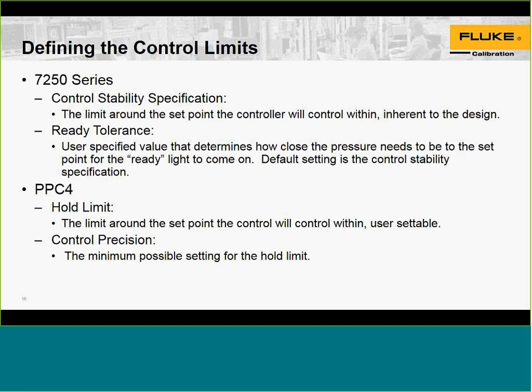The controllability specification is the limit around the set point that it will control within, based on the intrinsic design of the instrument and the way the firmware controls pressure. Ready is a user-specified value that you can set, and that pretty much determines when it's ready. If you're remotely communicating with the device, that's the ready flag saying pressure is ready. Or the display will show on the front screen that the pressure is ready, and when it's not ready, that ready light will go away.